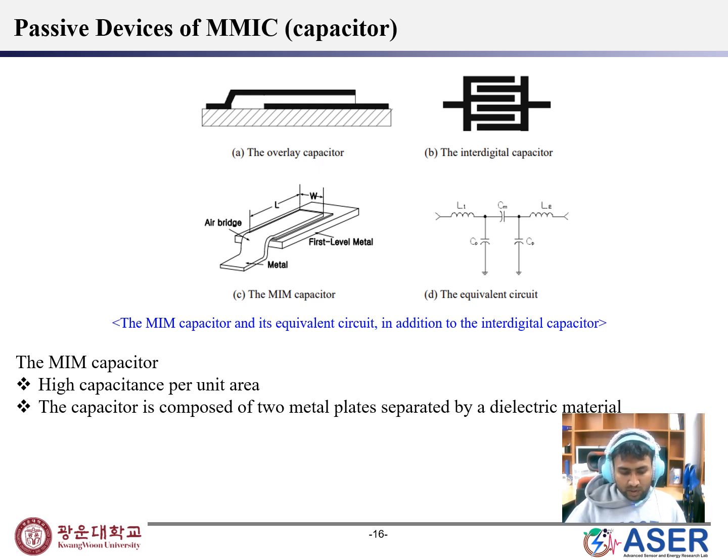Typically, the dielectric material overlaps the first metal layer, and the upper metal layer has a smaller area than the lower metal layer. The MMIC capacitor has high capacitance per unit area, and is mainly composed of metal plates separated by dielectric materials.